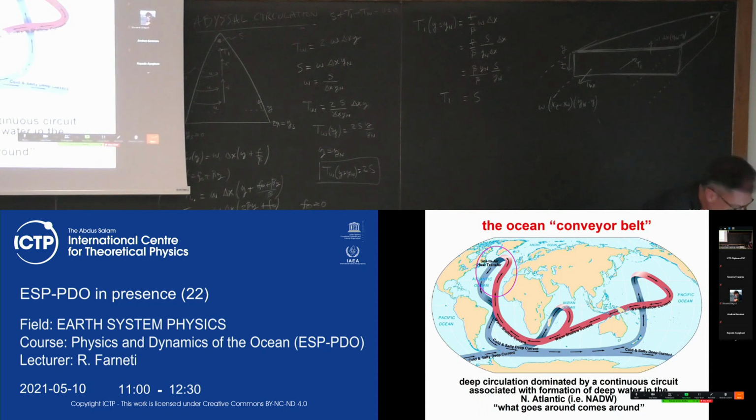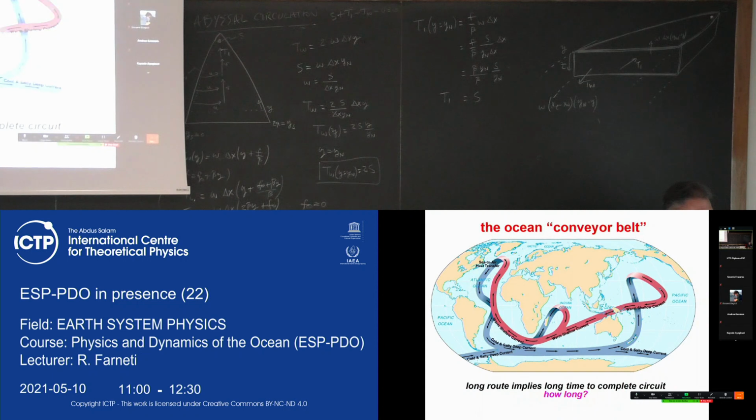Okay, so this is another one of the famous schematics of the meridional return circulation, or the conveyor belt. So how long does it take to complete a full circuit?